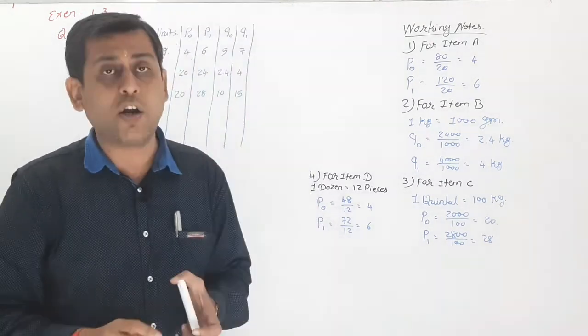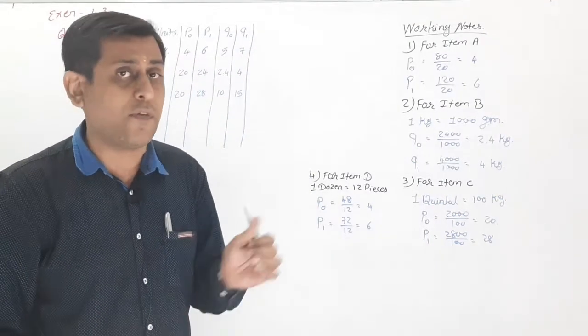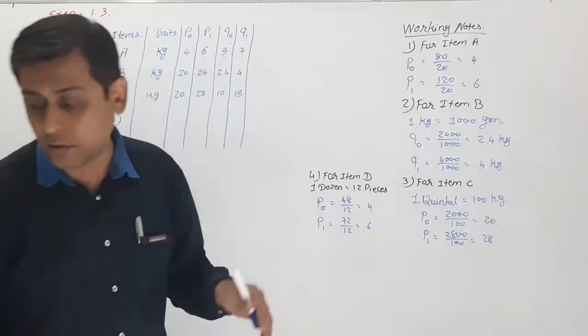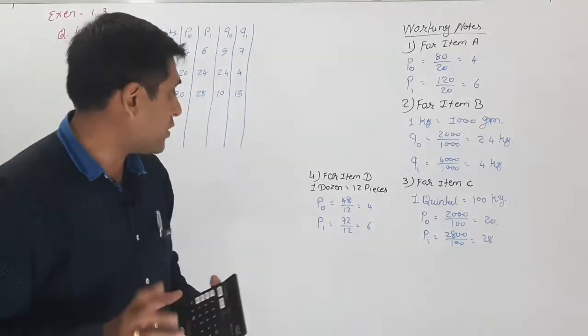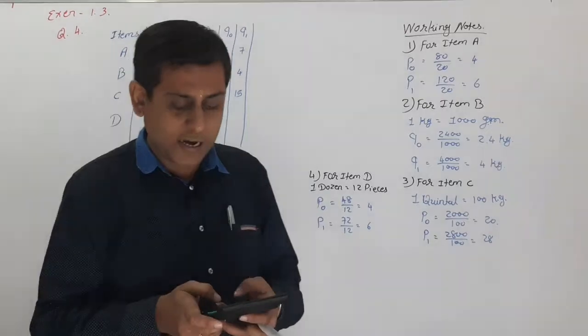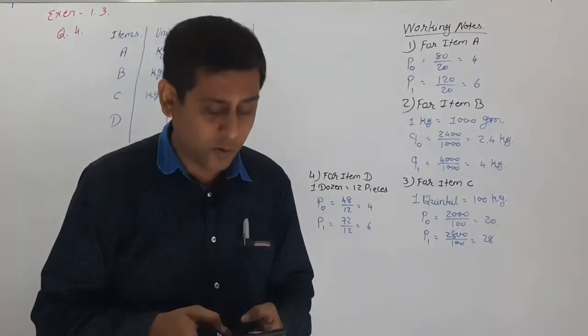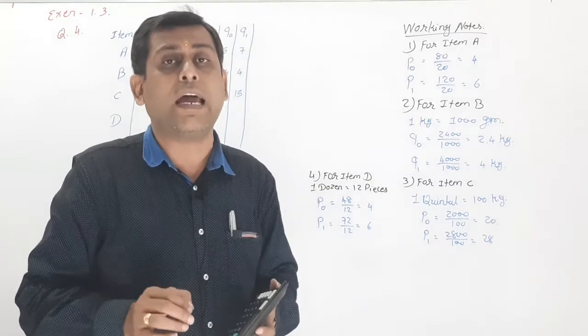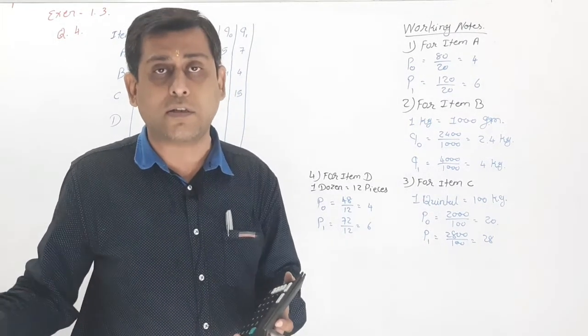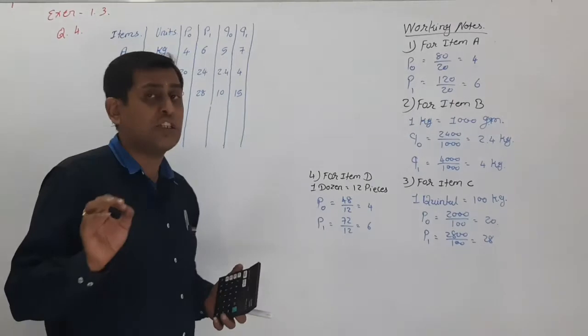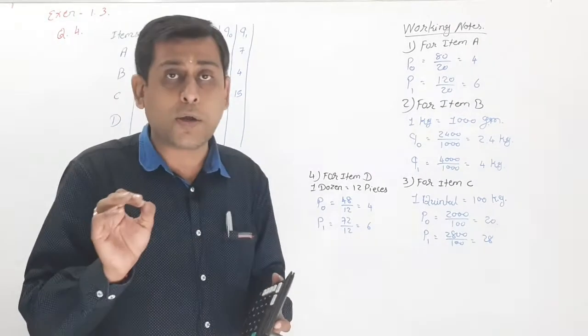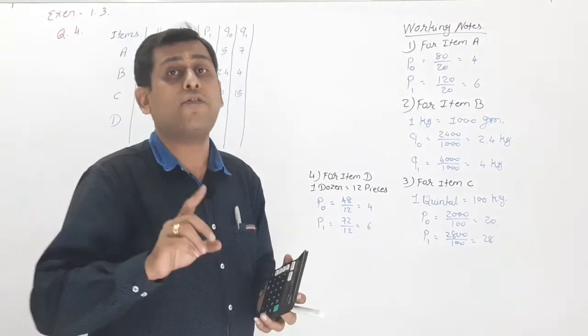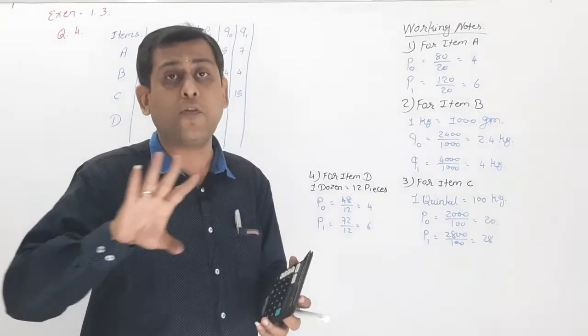See, we cannot convert 30 and 35 like that, because 30 divided by 12 is 2.5, but 35 divided by 12 is 2.9166666. So the answer is not an integer, and after the point there are a number of digits.